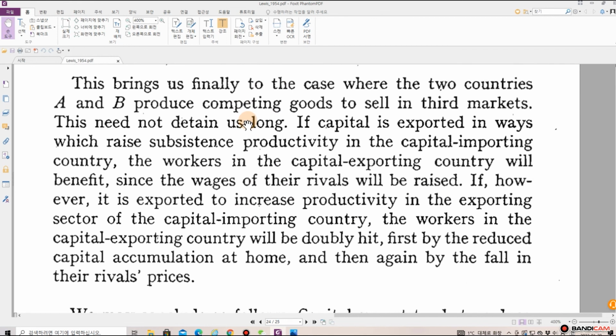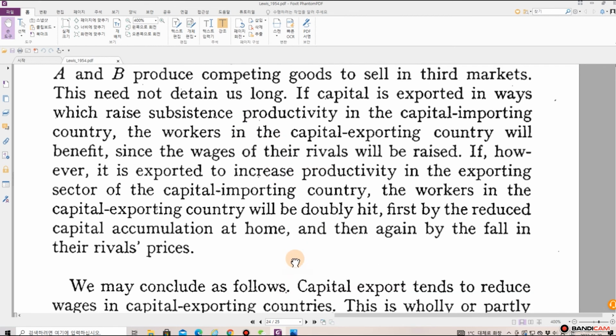This brings us finally to the case where the two countries A and B produce competing goods, to sell in third markets. This need not detain us long. If capital is exported in ways which raise subsistence productivity in the capital importing country, the workers in the capital exporting country will benefit, since the wages of their rivals will be raised.